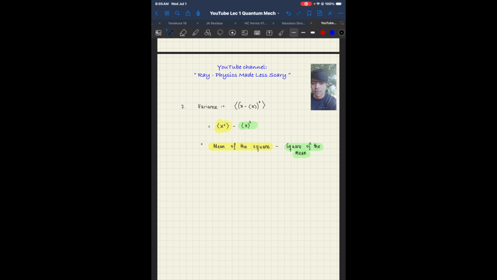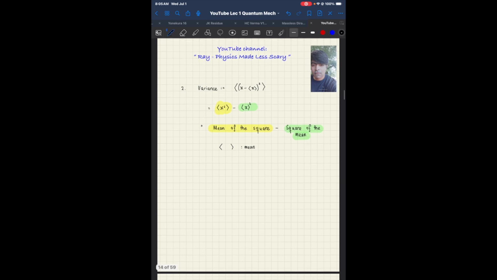Do you see it? Because this bracket is the mean, and you have the 2 here, so this is the square. So this guy is the mean of the square, and likewise, this guy is the square of the mean. This measure is called the variance.